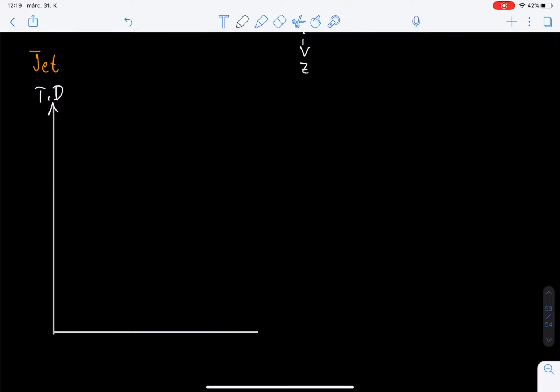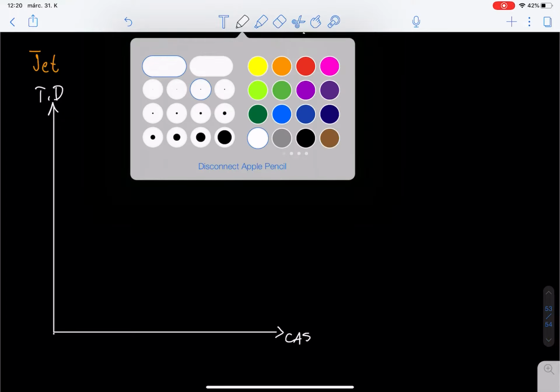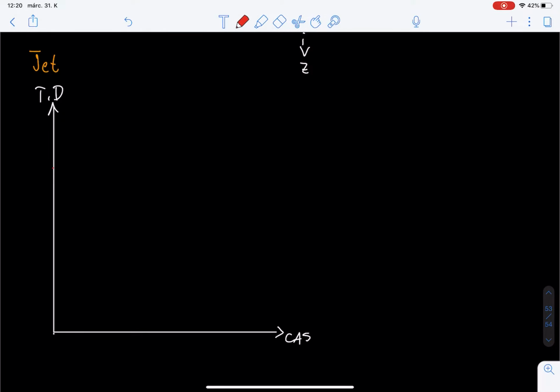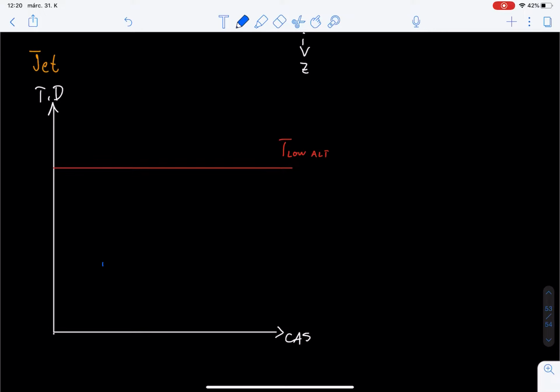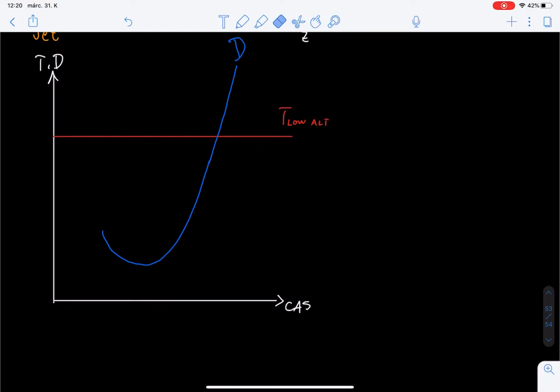And here we're gonna have the calibrated airspeed, and we're going to have a given amount of thrust. So thrust curve, let's say low altitude. And we're going to have a drag curve. And of course here you have the stall speed.